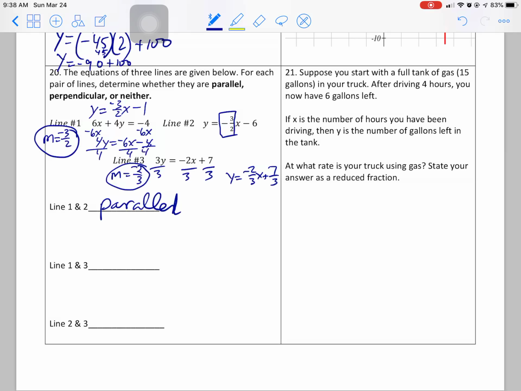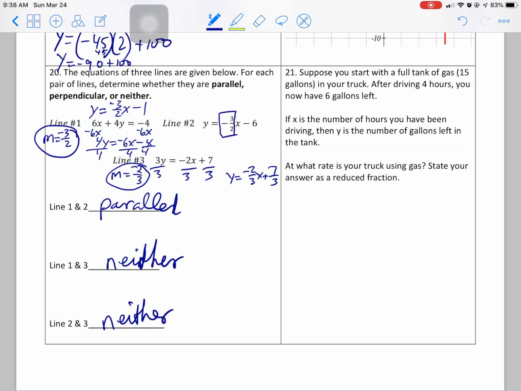Those lines, if they were on the graph together, would be parallel to each other. Now, 1 and 3 are neither because what? They're both negative, right? Even though one's flipped, one has to be positive, so that's not going to work. And then 3 and 2, same thing.